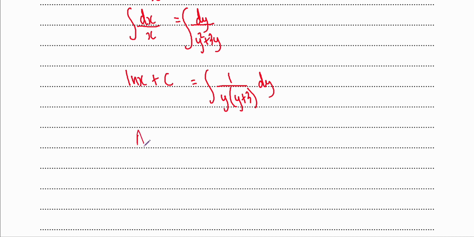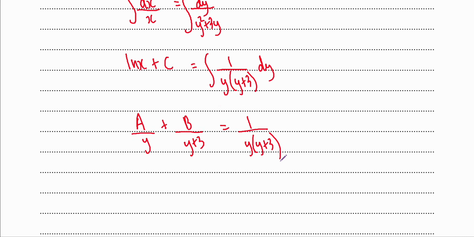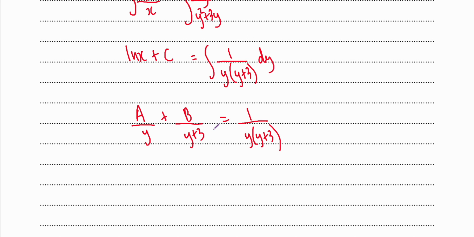Let's say you had a over y plus b over y plus 3 is equal to 1 over y times y plus 3. Now we need to find a and b. How do we do that? We can multiply both sides by y and y plus 3. So you have a, and when you multiply by y, this cancels out, but you're left with y plus 3.